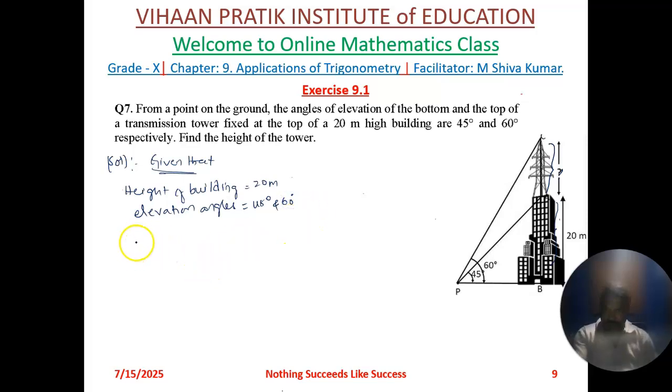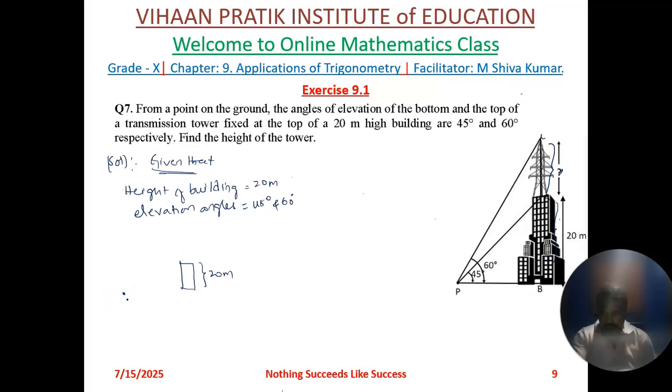Now let's redraw the picture again for analysis. Let's assume there is a building. The height of the building is 20 meters. Now there is a point on the ground.